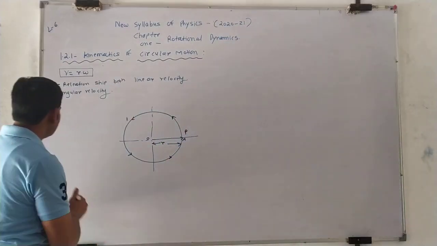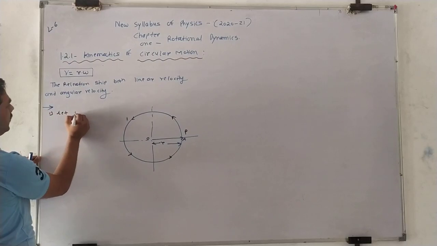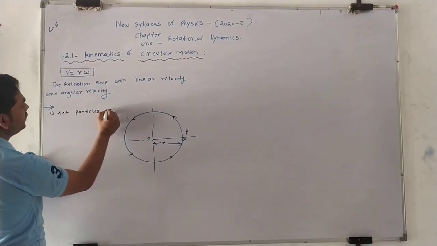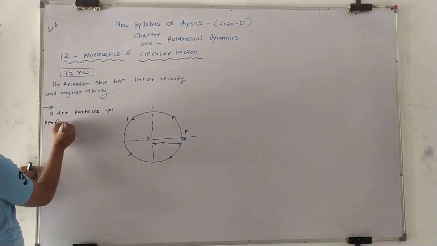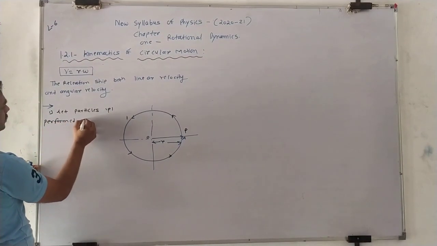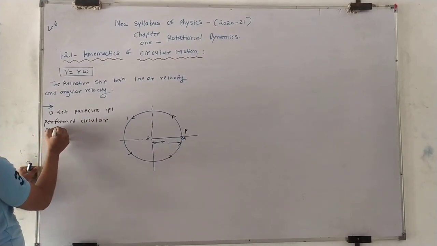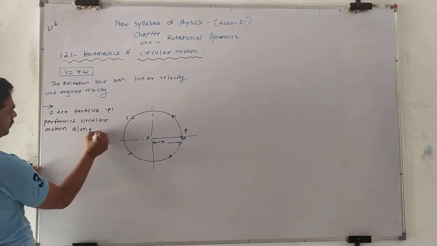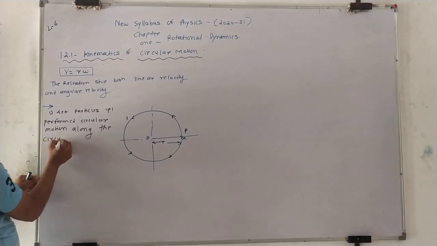Now we consider the first point. Let particle P perform circular motion along the circumference of a circle.